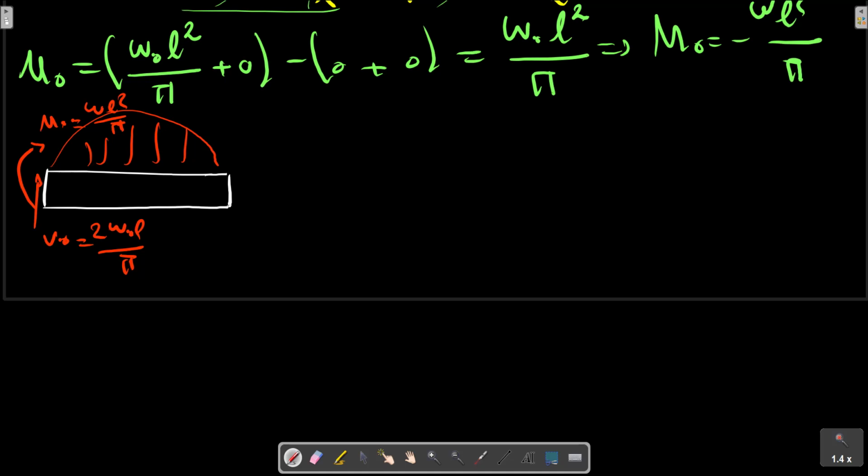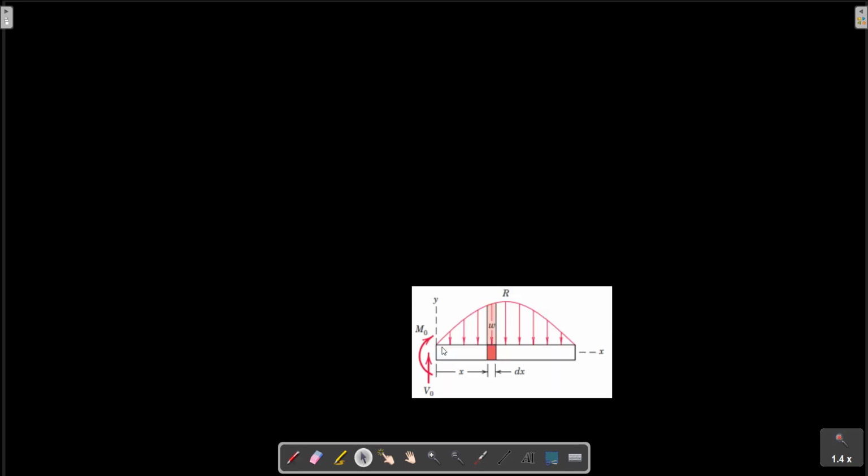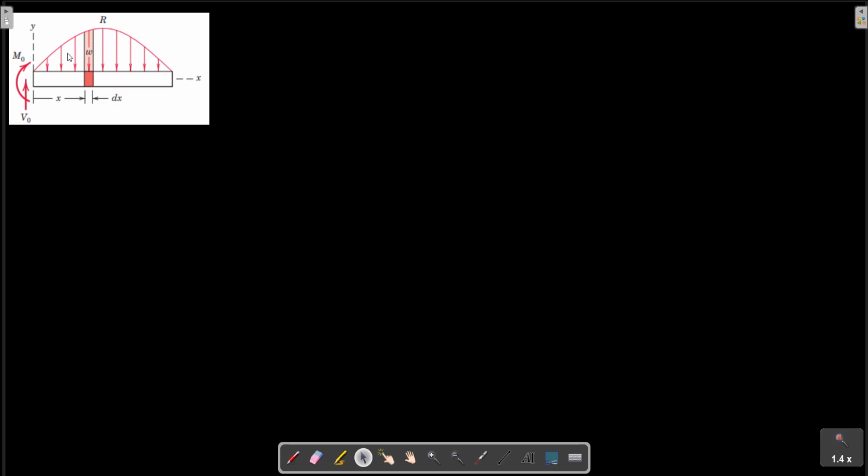To obtain the shear force and bending moment, we choose a section here with this shape. Consider this picture.